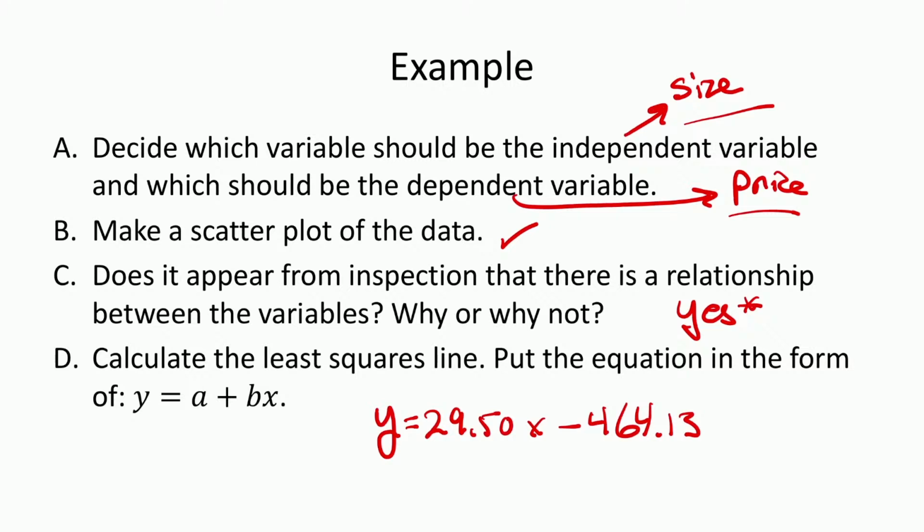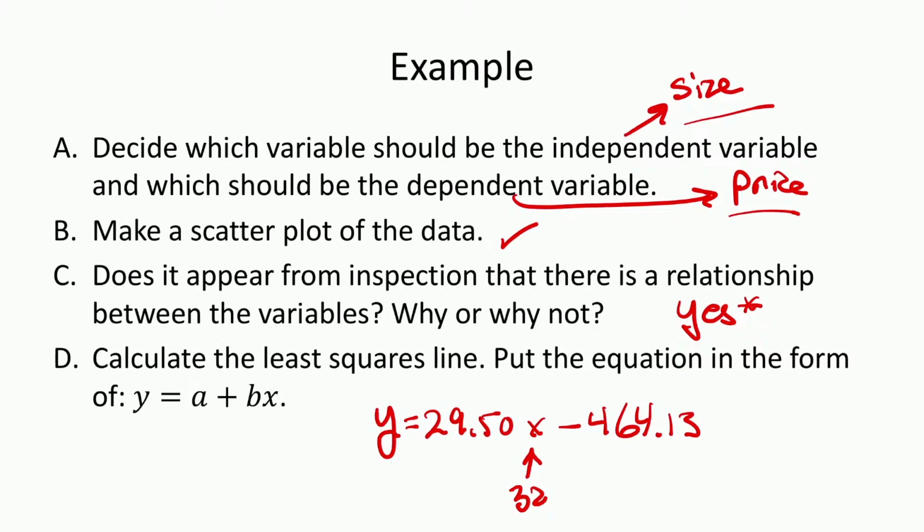Okay, so let's see, 29.5 times 32. So what I'm doing is I'm going to take 32 and stick it in there, and predict the price of a TV that's 32 inches. I don't think you could buy a 32-inch television these days, could you? They'd call it a computer monitor. It'd be so small.